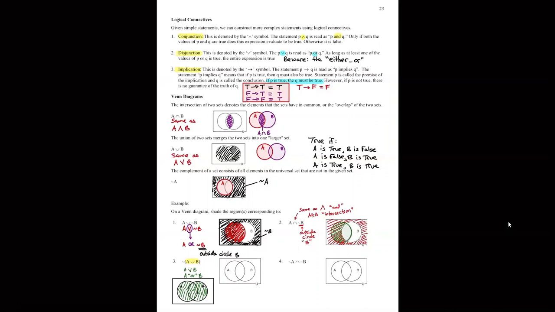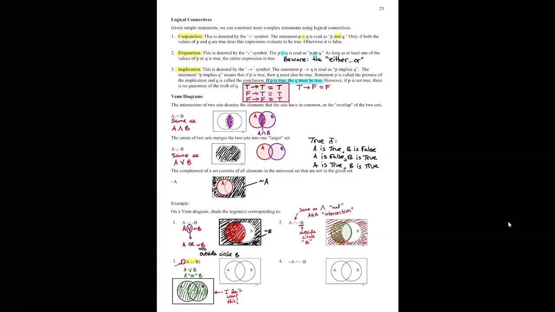So what I want is not that, all right? This is an example of what I don't want. I want the exact opposite of that. That's what a complement is telling me.